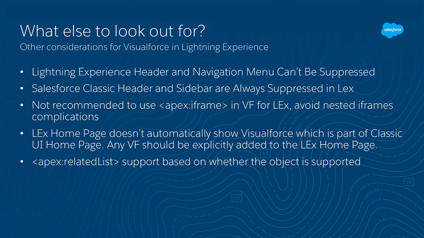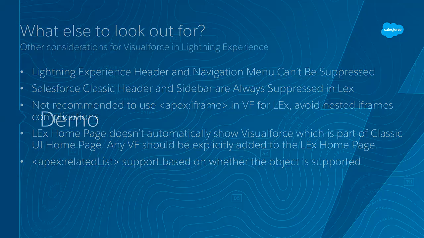And the apex:relatedList tag is not supported for all the objects. You have to make sure that that particular standard object is supported inside Lightning Experience. We keep extending support for objects, and once that object is supported, the related list will also be supported. Okay, so that is that.